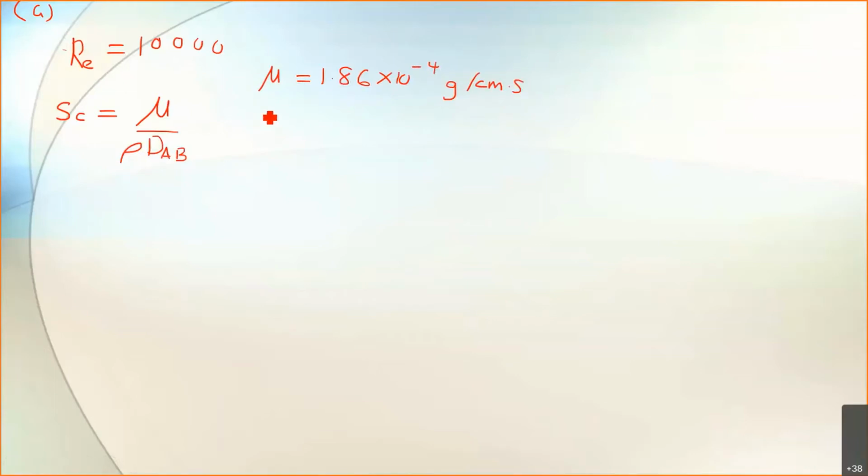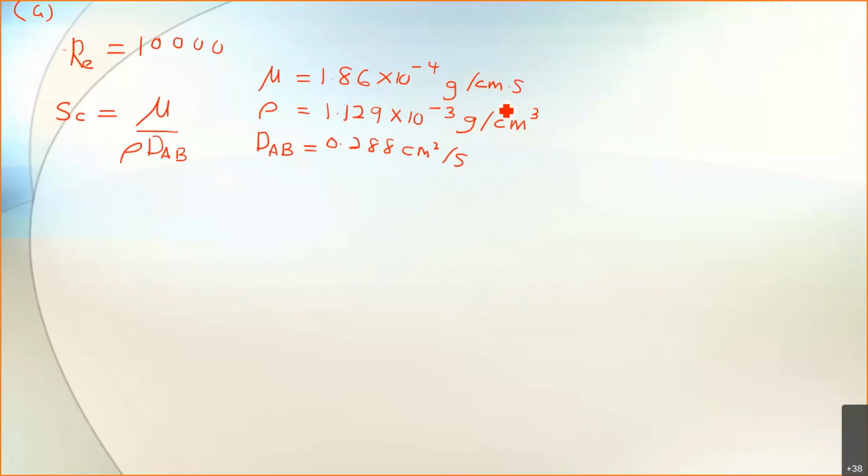The density is 1.129 times 10 to the power of -3 gram per cm cube, and my DAB value is 0.288 cm squared per second.